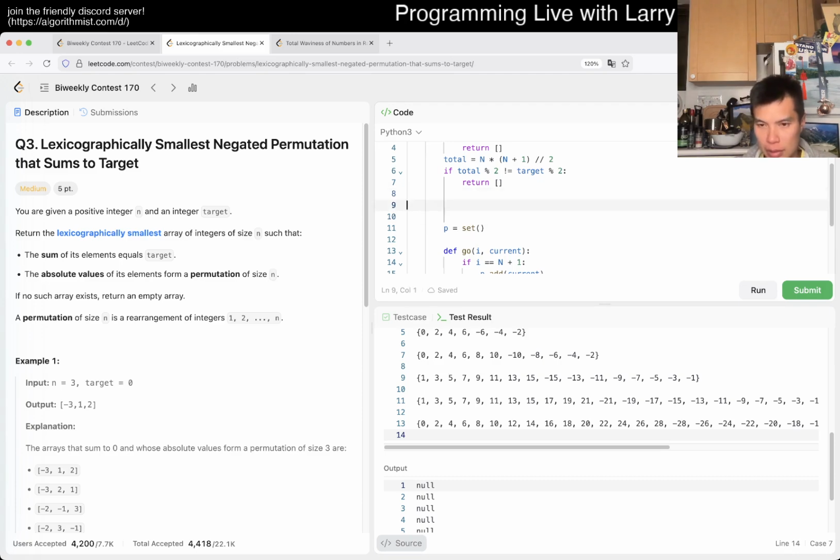That just gives us a hint. So then now we have delta is equal to the total minus target, right? So that's the number of things that we have to change.